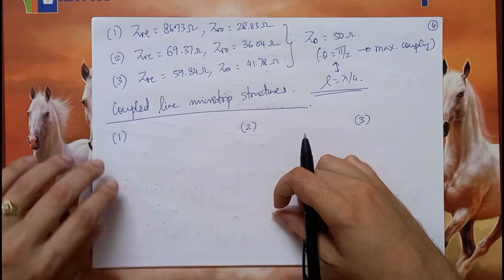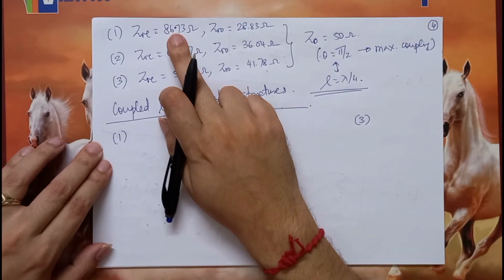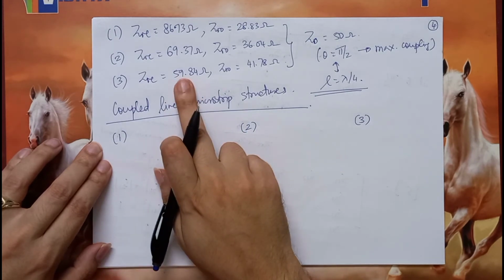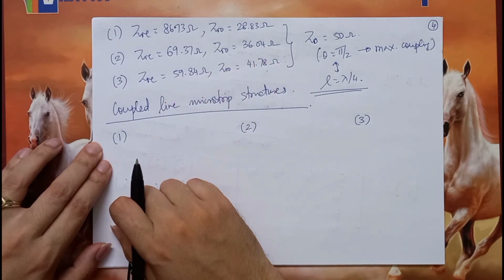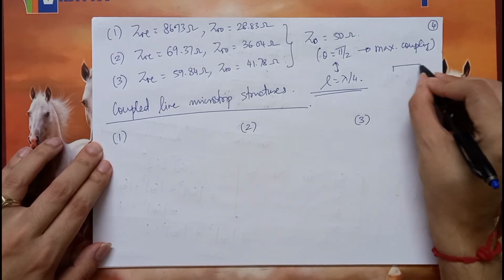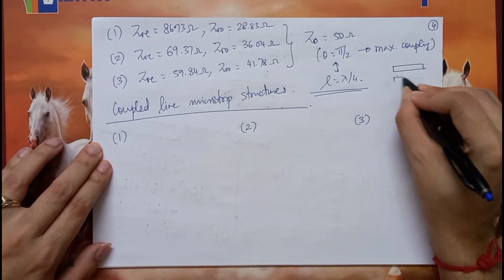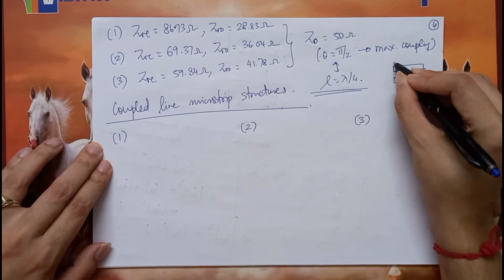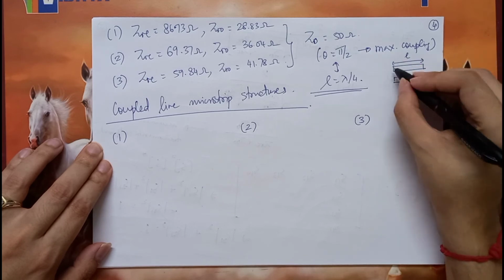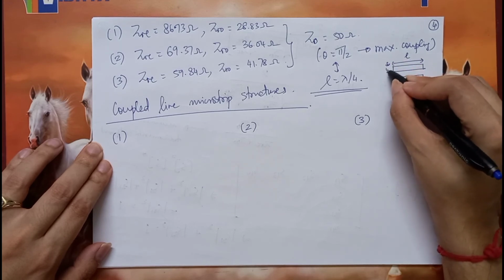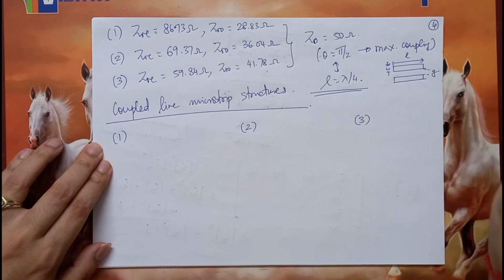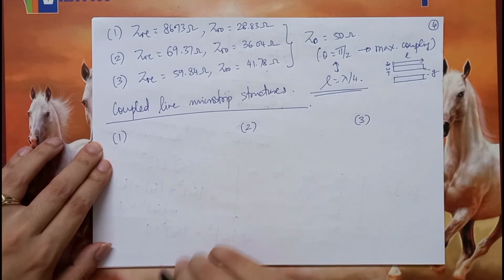So for the first case, or let us say we'll start from the third case, Z0E and Z0O are 59.84 and 41.78. Then in that case, we can define the quantities. L is the length of the conductor, each of this is the width W, and then we will also define something called gap or G, the gap between the conductors.